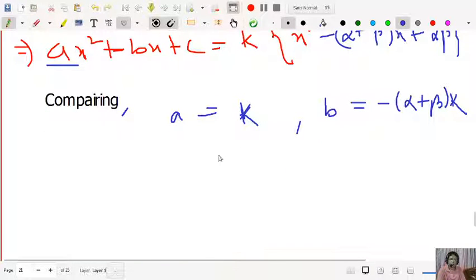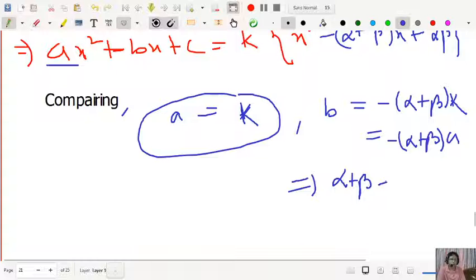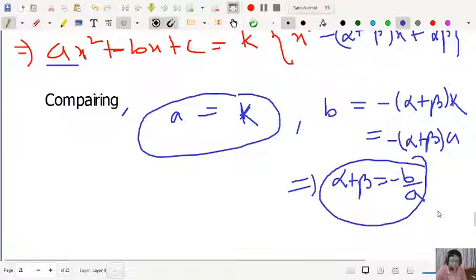So what is the value of k? The value of k is a, so b equals minus alpha plus beta into a, which gives alpha plus beta equal to minus b by a. That is the relationship between zeros and coefficients.